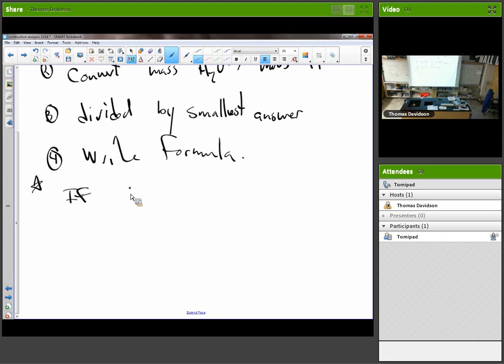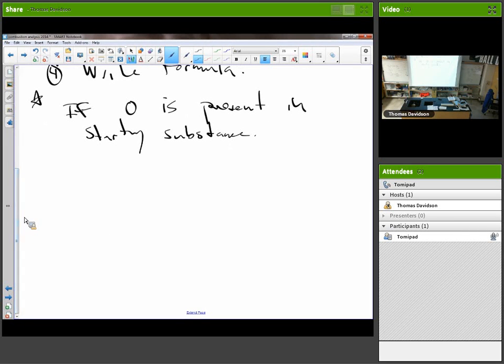If O is present in the starting substance, then you have a couple more things. If oxygen exists, you actually take your grams of CO2 and you have to convert them to grams of carbon. You have to take your grams of H2O, and convert them to grams of hydrogen.